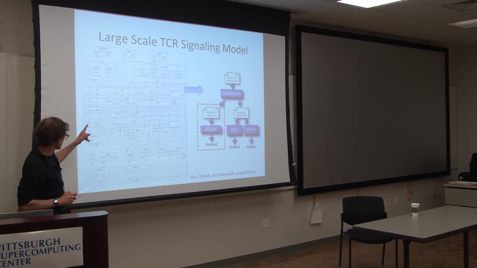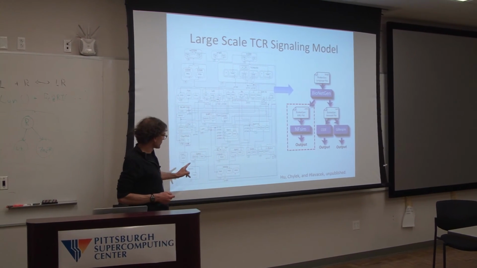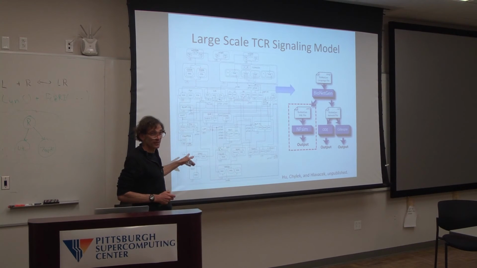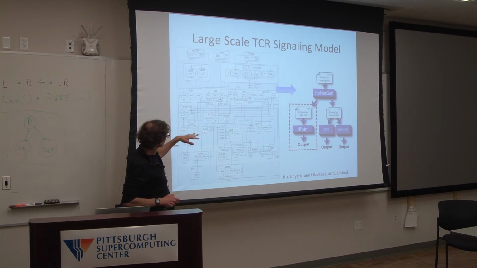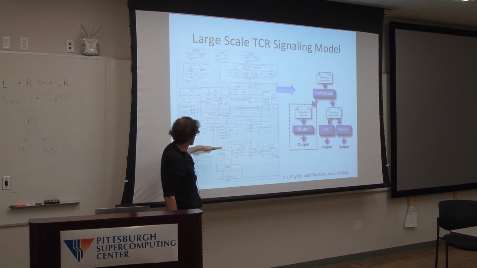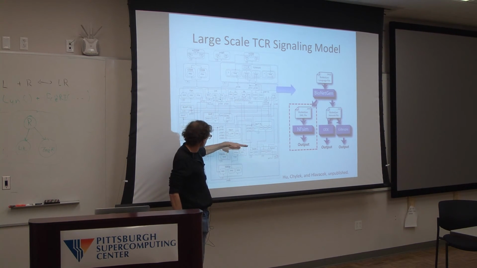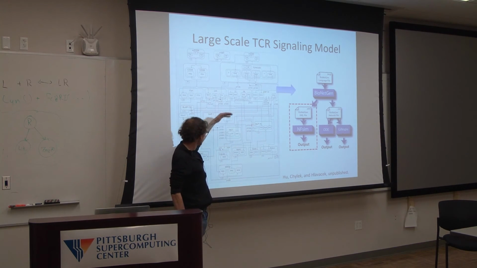Every single one of the components that's here is either a post-translational modification site that's been observed in the experiments that were used to calibrate this model, or known interaction domains of those proteins that mediate interaction. So although this looks horrible, every one of these molecules is very well systematically studied.